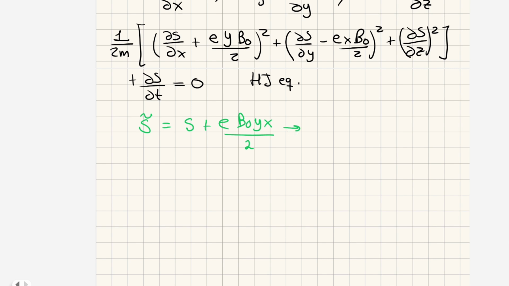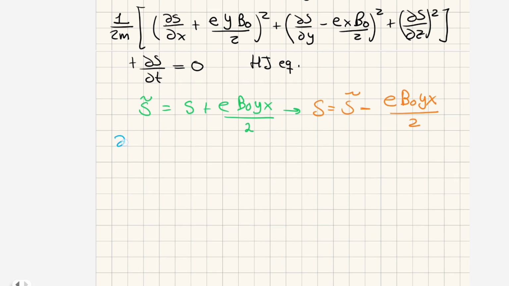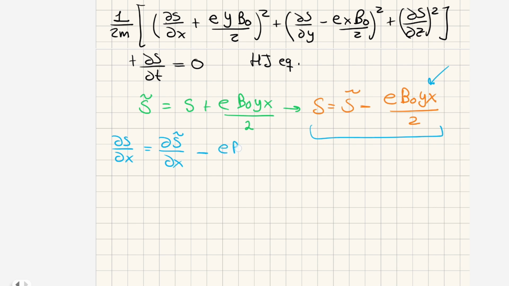Look that with this, we will have that S is equal to S tilde minus e b0 y x divided by 2. Okay, perfect. So recall that we need to take the partial derivatives of the new function S tilde. So we will get that, let's do it with this equation, the partial of S with respect to x is going to be the partial of S tilde with respect to x, and then the partial of this with respect to x. But that is going to be, of course, minus e b0 y divided by 2.